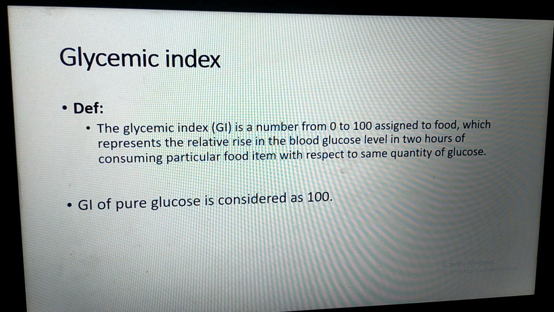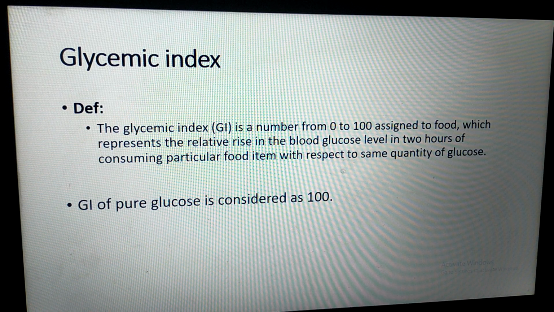The glycemic index of glucose is considered as 100, which is the highest, whereas other foods have less rise in blood glucose level as compared to glucose, because glucose is a monosaccharide.